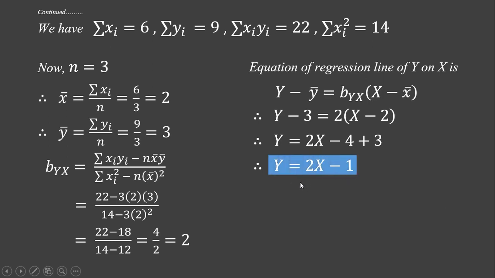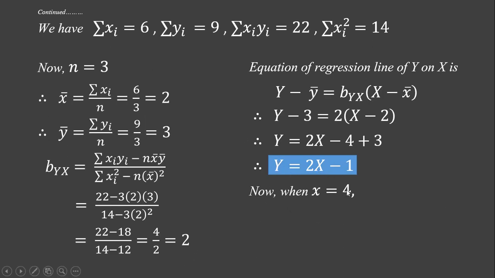Now one more thing we want to calculate: the value of x is given and we want to predict the corresponding value of y. Okay, so we use this regression equation of y on x. Here the value of x is given as 4, we only have to substitute this value of x here and find the value of y. The meaning of regression is finding the value of one variable when the value of the other variable is given.